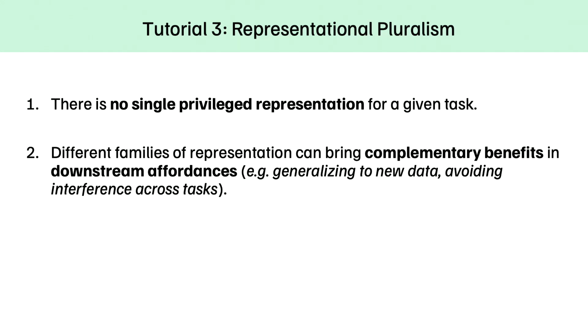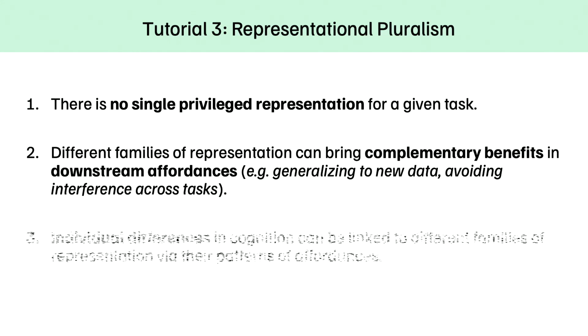But importantly, there might still not be one privileged representation because there are trade-offs between these. So different representations will have different downstream benefits, and unless we know what we're going to be asked to do, there won't be a single best one.